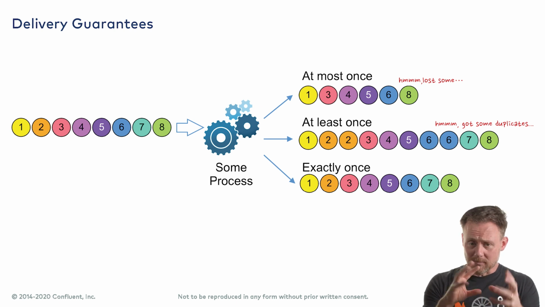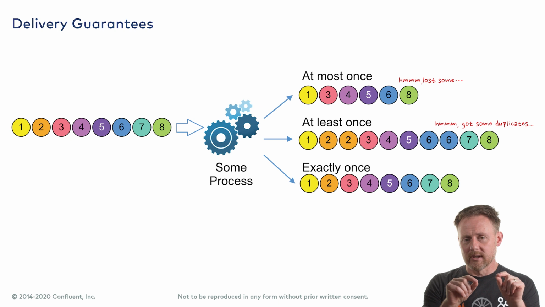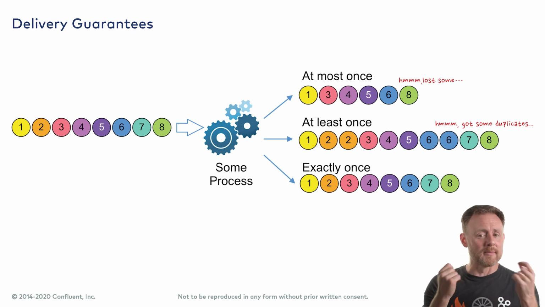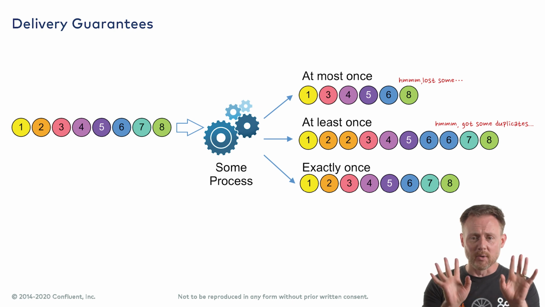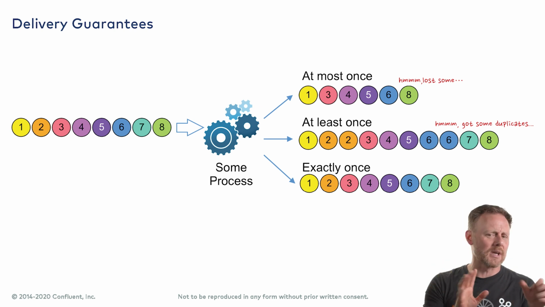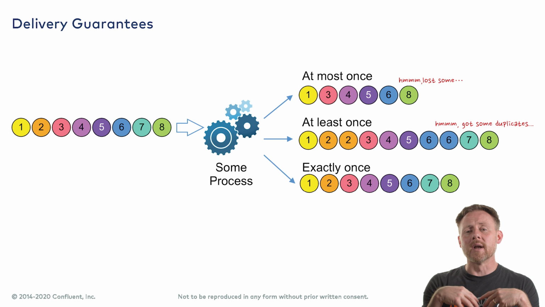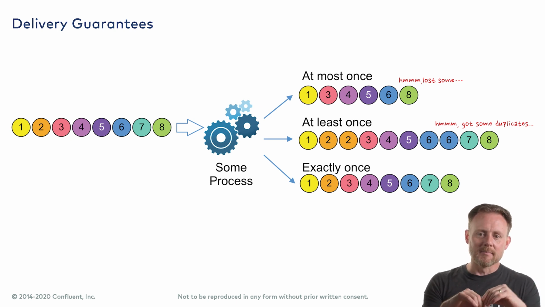But as those events get processed by those gears in the middle there are 3 ways the processing can take place. They can be processed at most once. That means that some of them might get lost. We'll never duplicate them, but some of them might get lost. If it's very important not to do something twice and it's okay to miss some things, then you want at most once processing. At least once means we're going to make sure everything gets through.